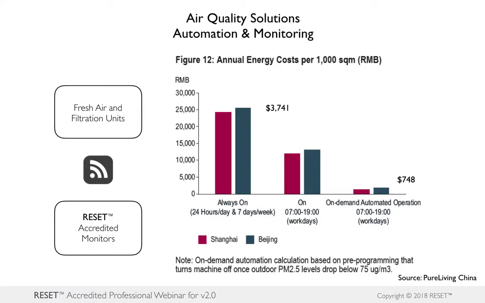And if you do that, similar to this study that was conducted by Pure Living, if you use an on-demand automation system that can be programmed and can turn the system on or off depending on certain scenarios, the note here is that the automation was based on a pre-programmed setting that turned the machine off when the outdoor PM levels dropped below 75.